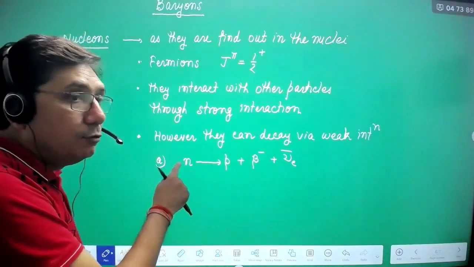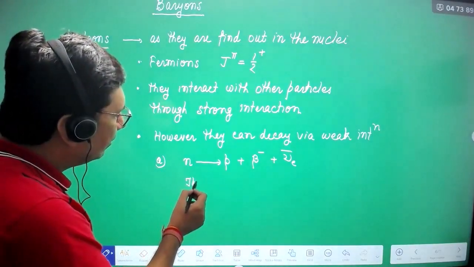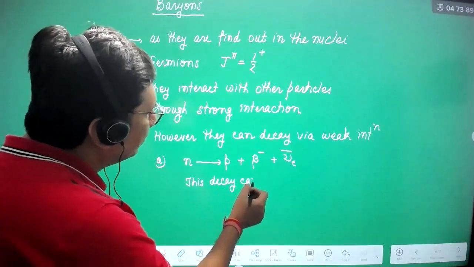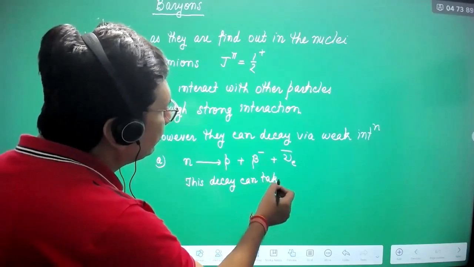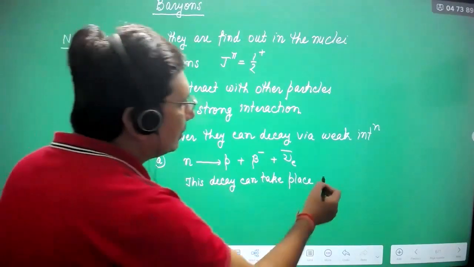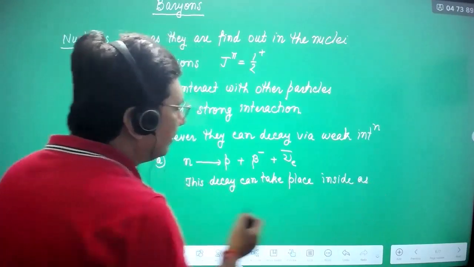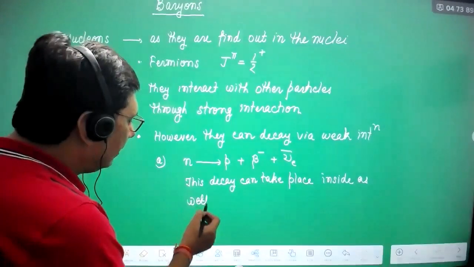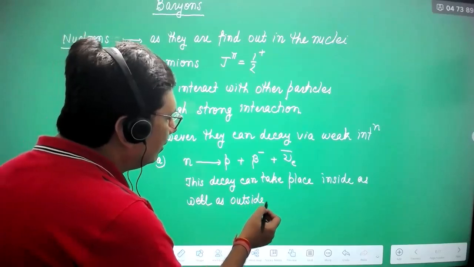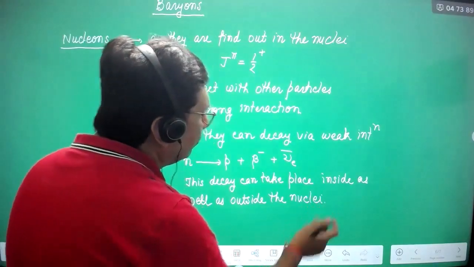Try to understand here, the neutron is not interacting with anything. This is decay of the neutron. This decay can take place inside as well as outside the nuclei.